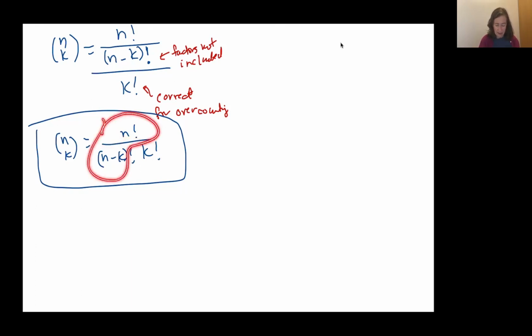This part of it, n factorial divided by n minus k factorial, is just telling us to start at n and multiply n by the k, starting with n, that would be the k minus 1 integers smaller than it. So this part of the whole expression is just designed to get rid of that dot, dot, dot part. And then this part of the denominator corrects for the overcounting. ABC is different from CBA and BCA, etc.